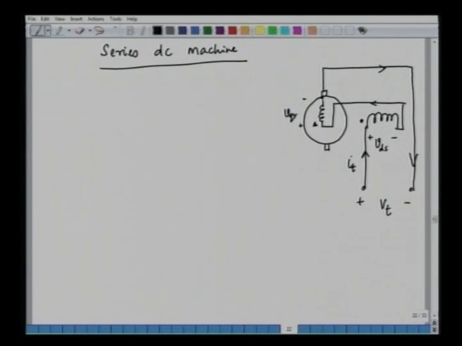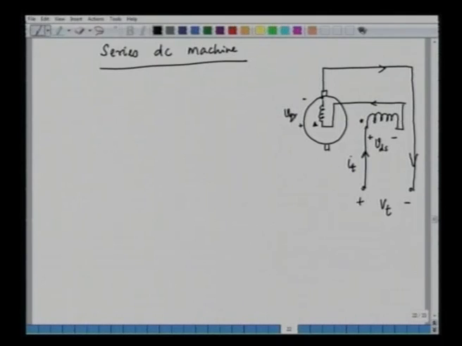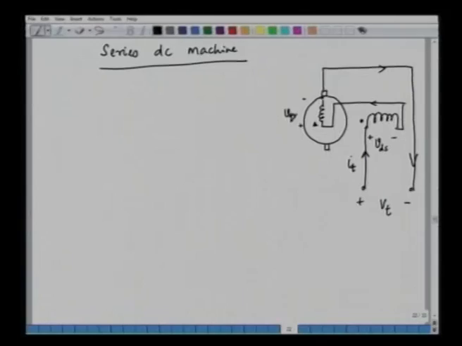So when we go for the series DC machine, it is a little complex problem, so we cannot solve it directly. We have to take the help of what is called a linear transformation. So we will be discussing linear transformation in electric machines.